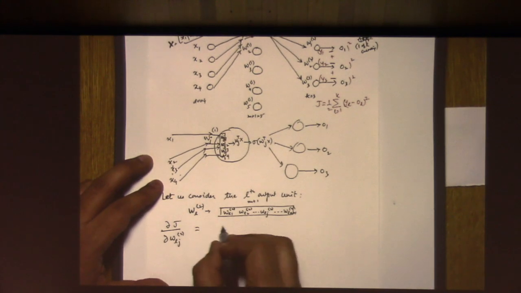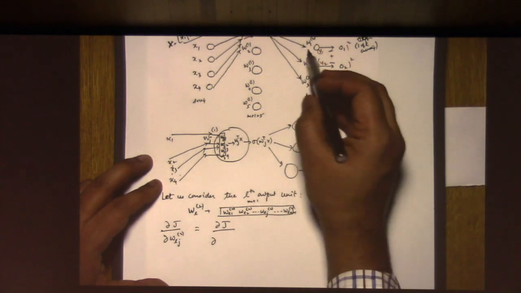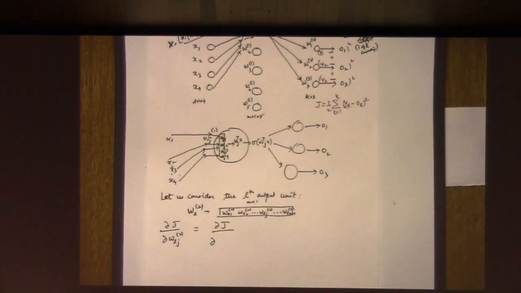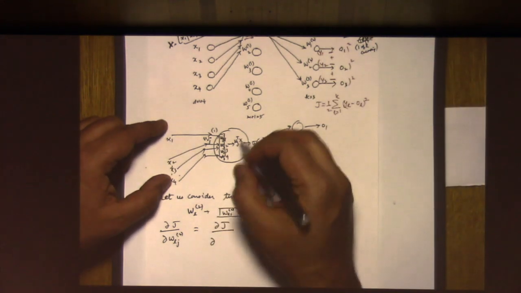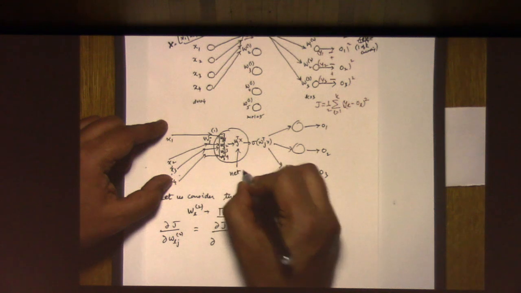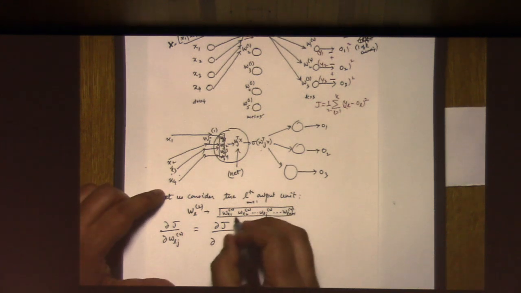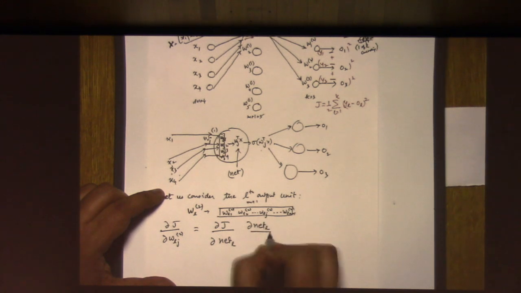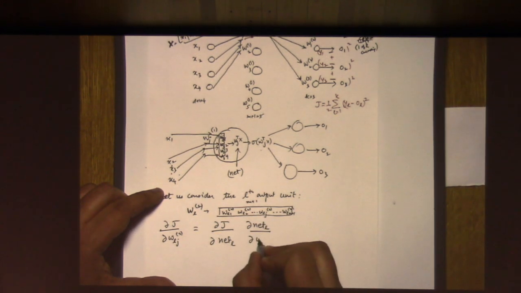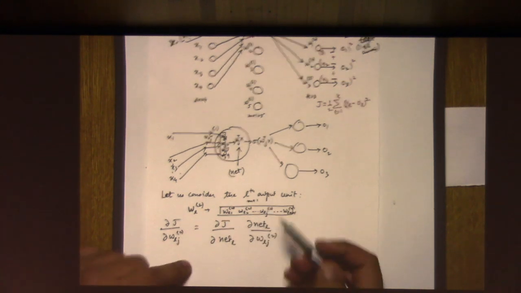You can say that this can be written as follows, because W_L of j gets combined to compute what we call net of L. Here at each unit, this we call the net function, and this we call the output of this function. So we can call this the derivative with respect to net of L. This is just the derivative chain rule. Now net of L is connected to j like this.